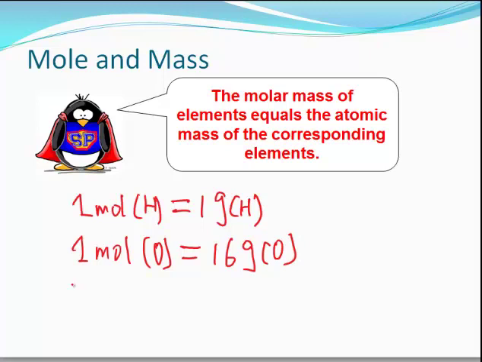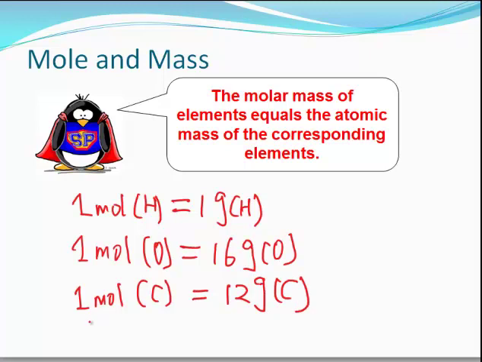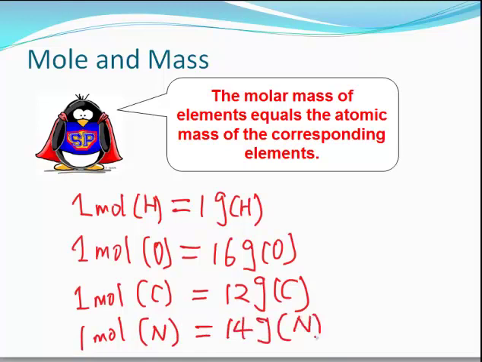And the list can go on and on. 1 mole of carbon will be 12 grams of carbon, and 1 mole of nitrogen will be equivalent to 14 grams of nitrogen.